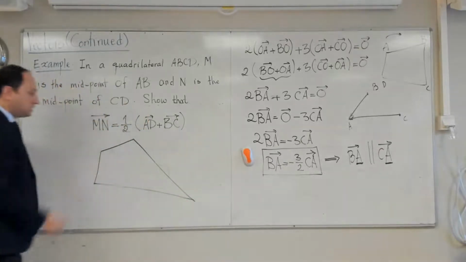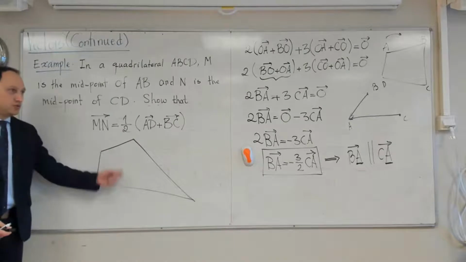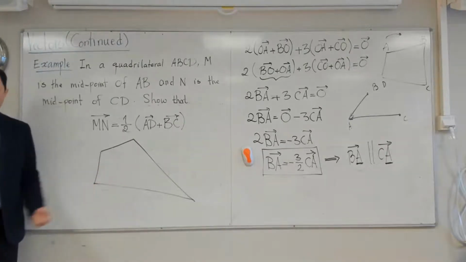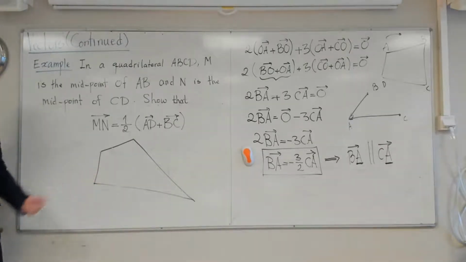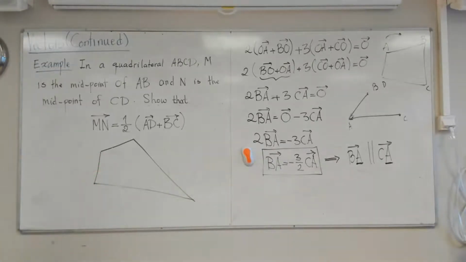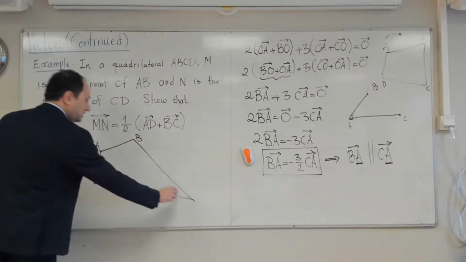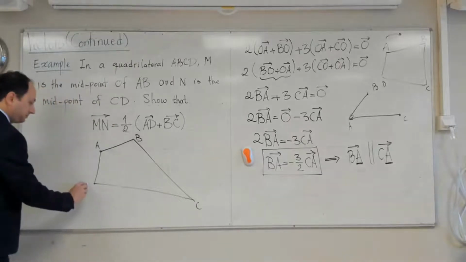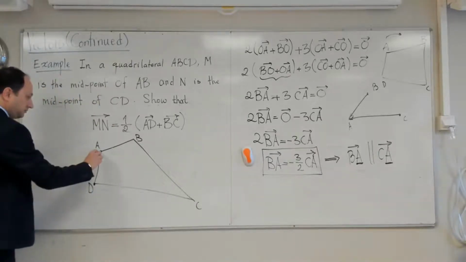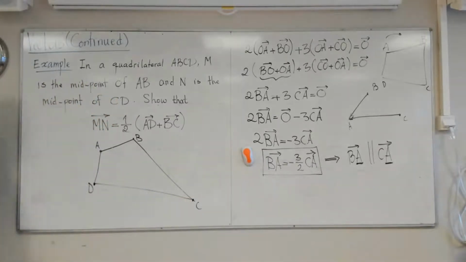If I ask you, is this a trapezoid, you would say no, because a trapezoid should have two lines parallel, which is not the case. Is it a square? Clearly not. Is it a rhombus? No. It's not a particular quadrilateral, it's a generic one. And then what I do, I name it like this: A, B, C, and D. That is what I prefer to do.